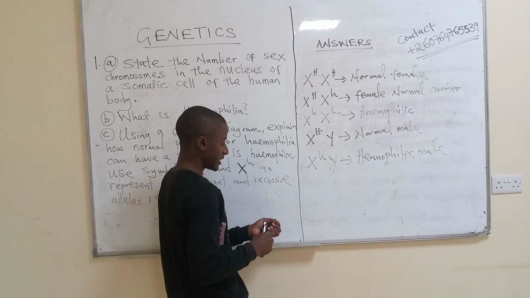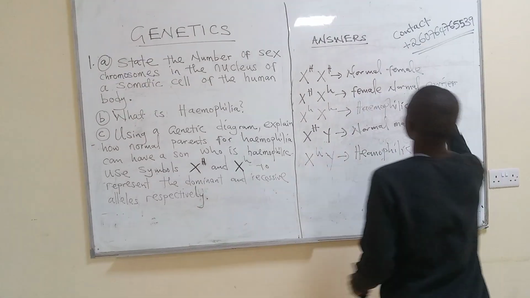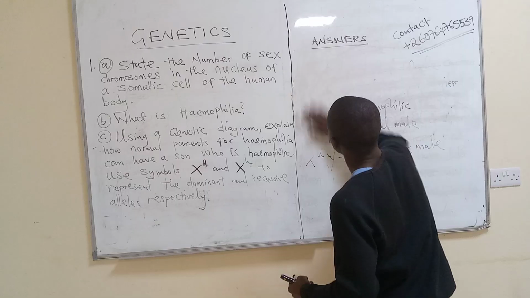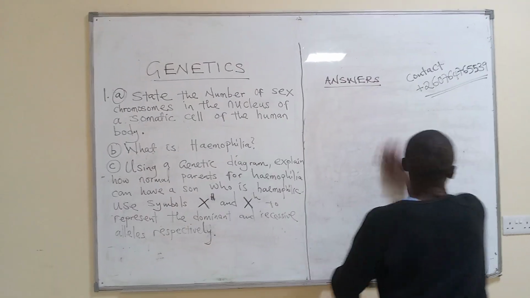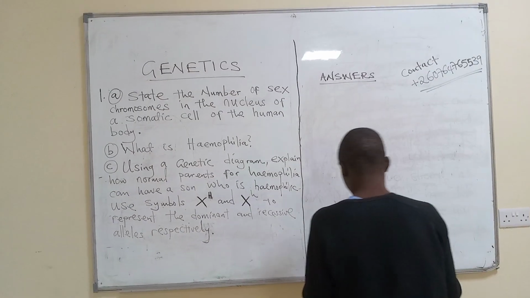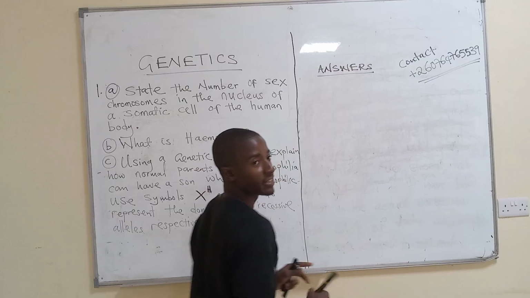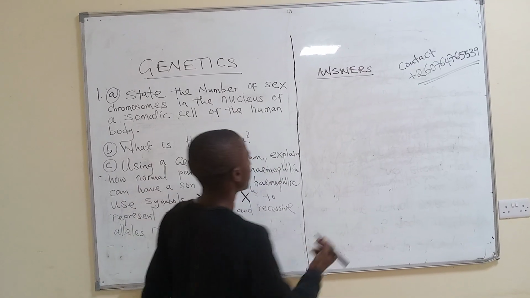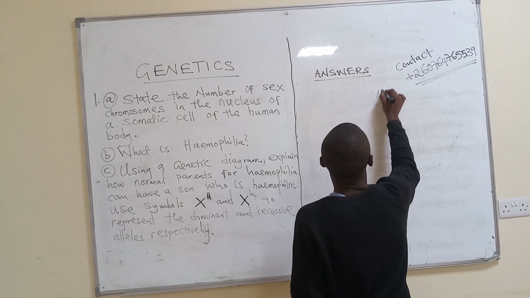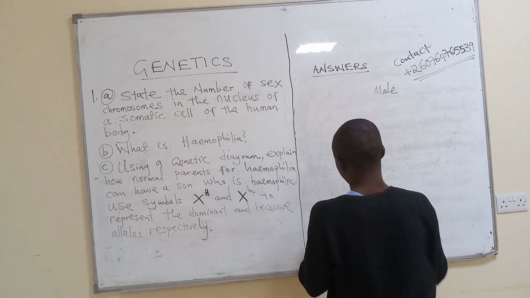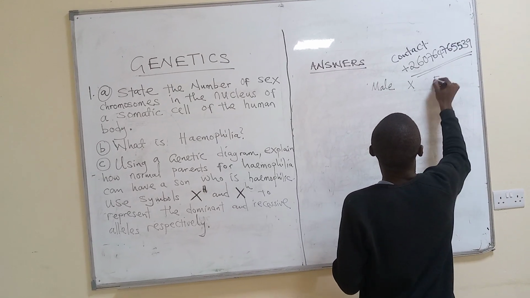So we can now start drawing the genetic diagram. Since in the question we are just saying parents, we are going to say male crossed by female.